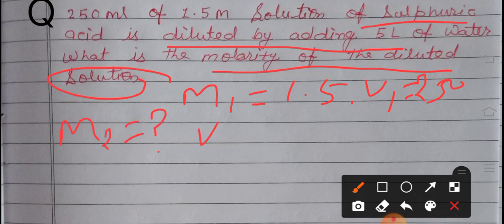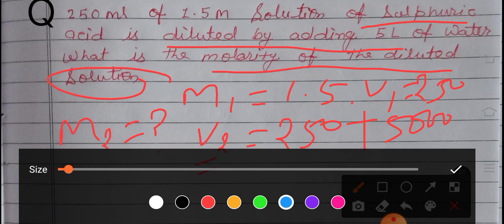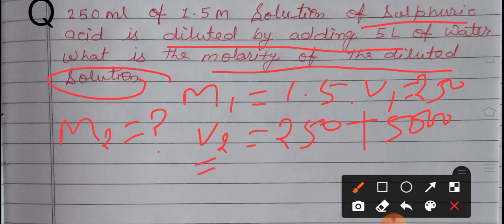What is V2? V2 is the final volume of the solution, that is the volume of solute, that is the volume of sulfuric acid, 250, plus the volume of water added, 5 liter means 5000. Now the total volume of the solution equals 5250 ml.